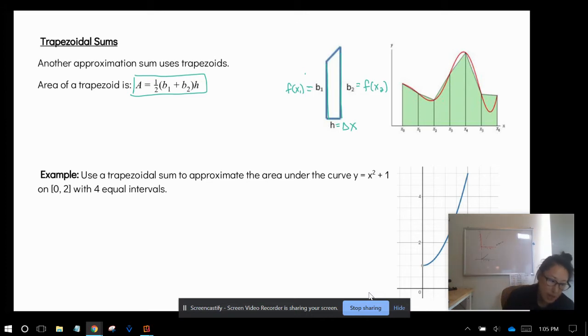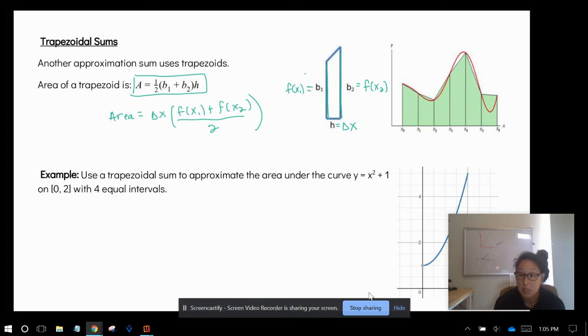So let's say that the area of a trapezoid is equal to delta X times f of x1 plus f of x2 all over 2. And then we're going to use the sum of that over and over again.